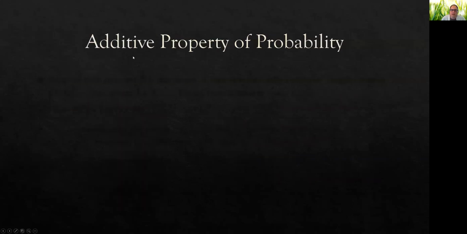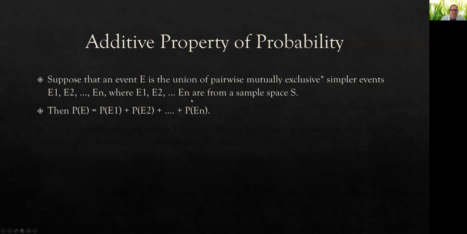Okay, so now we're going to get the actual property. It says, suppose that an event E is the union of pairwise mutually exclusive simpler events, E1, E2, out to En, where these are some events from the sample space. The probability of event E is equal to the probability of event E1 plus the probability of event E2.